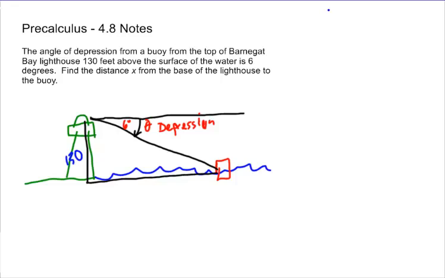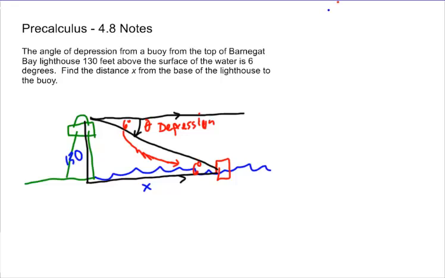And we know that this length right here is the part that's in question. So keeping in mind that you've got parallel lines right here, if this angle is 6, so is this angle.